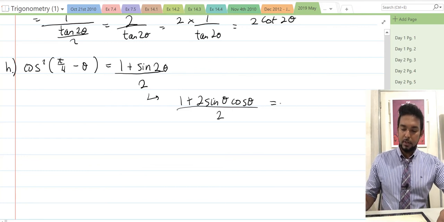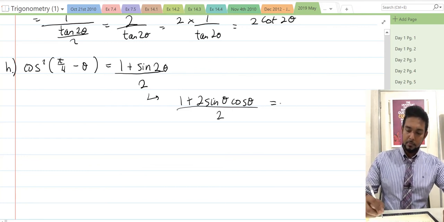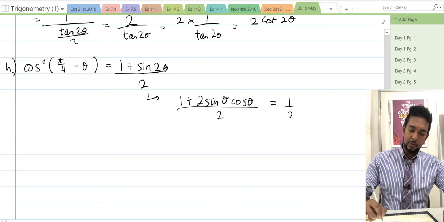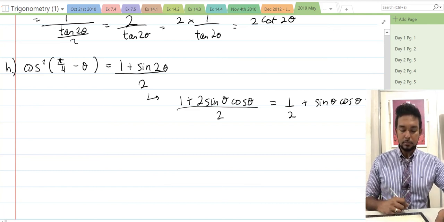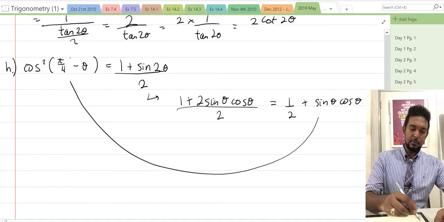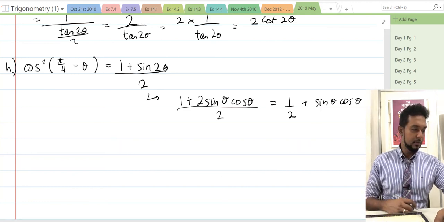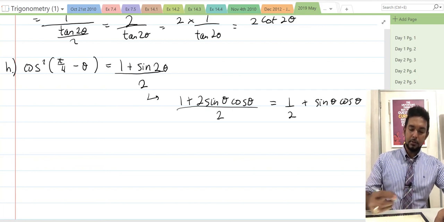And if we decompose the fraction, we'll get a half plus sine theta cos theta. Right, now how that comes back to this doesn't seem to be overly obvious. Cos squared. Okay, you know what?